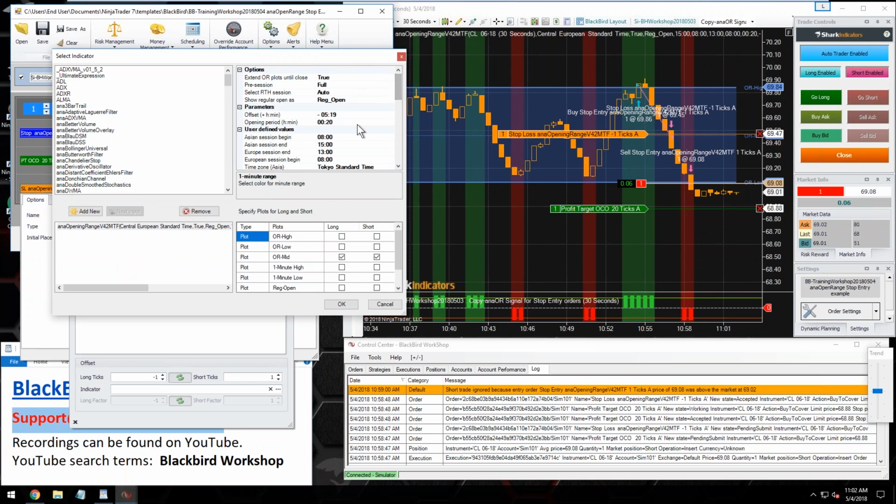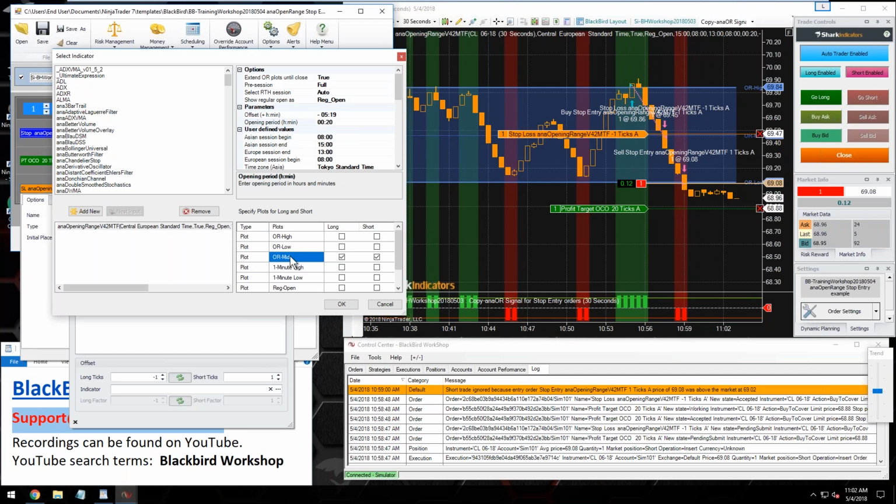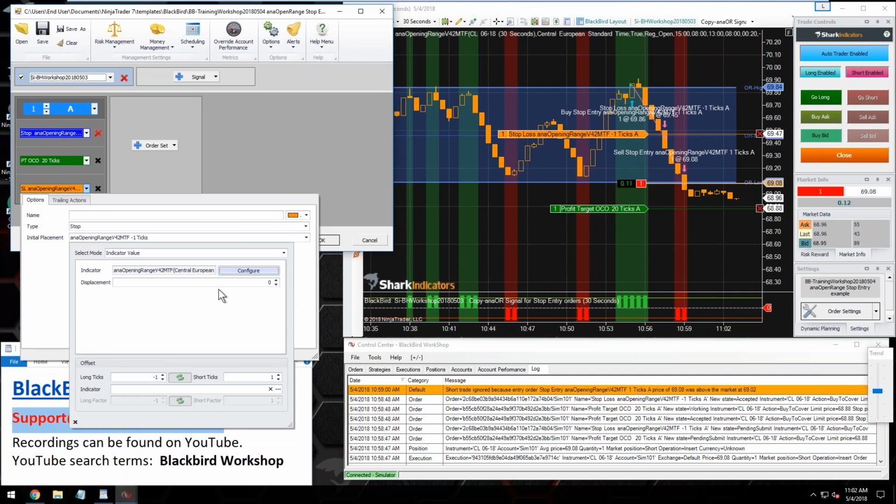Again, the key is to get your times set correctly. Then the easy part was selecting the opening range midline plot for both long and short trades. Then I added a tick offset.